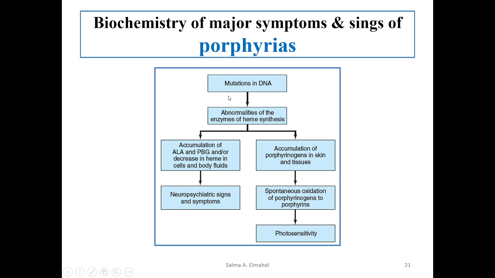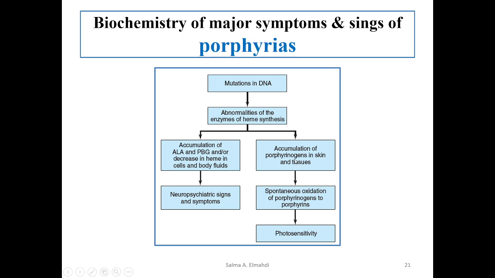And this diagram shows you the biochemistry of the major symptoms and signs of porphyrias, particularly the genetic or inherited forms, where mutation in the DNA will lead to abnormalities in the enzymes responsible for heme synthesis. When there is accumulation of ALA and porphobilinogen, PBG, and/or decrease in heme in cells and body fluids, this will lead to neuropsychiatric symptoms and signs.